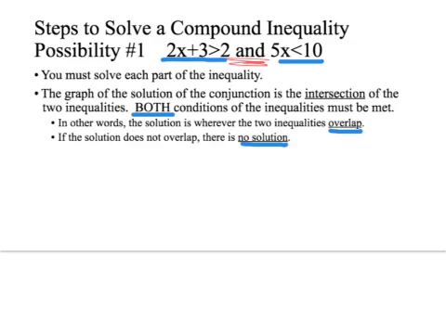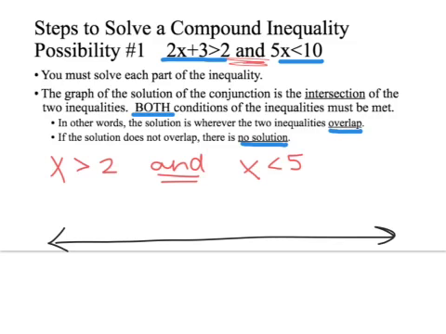So for example, if I wanted to graph x is greater than 2 and x is less than 5, just looking at the graph, I would need to draw a number line.